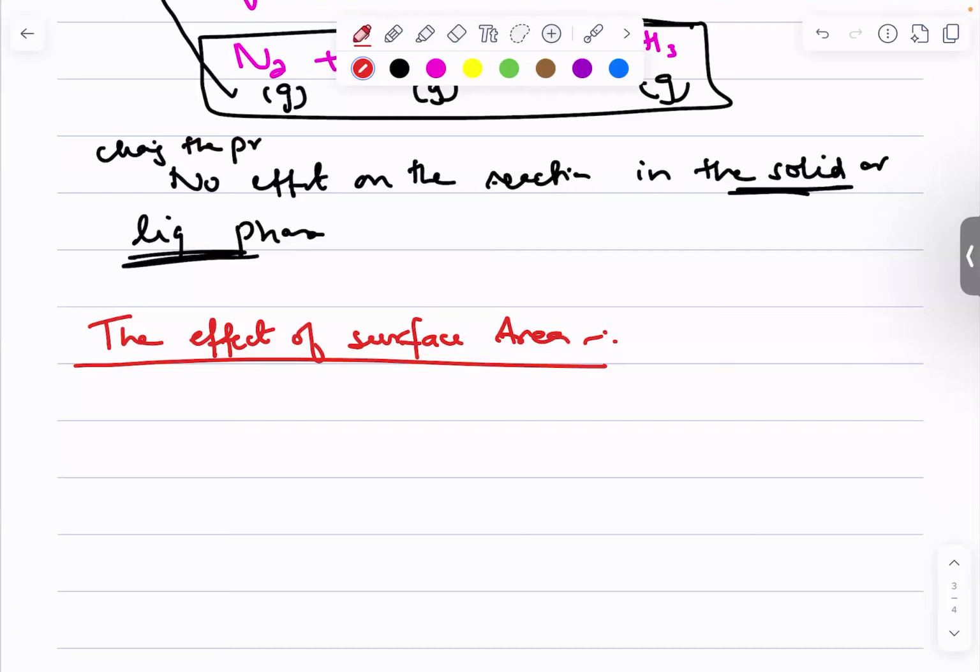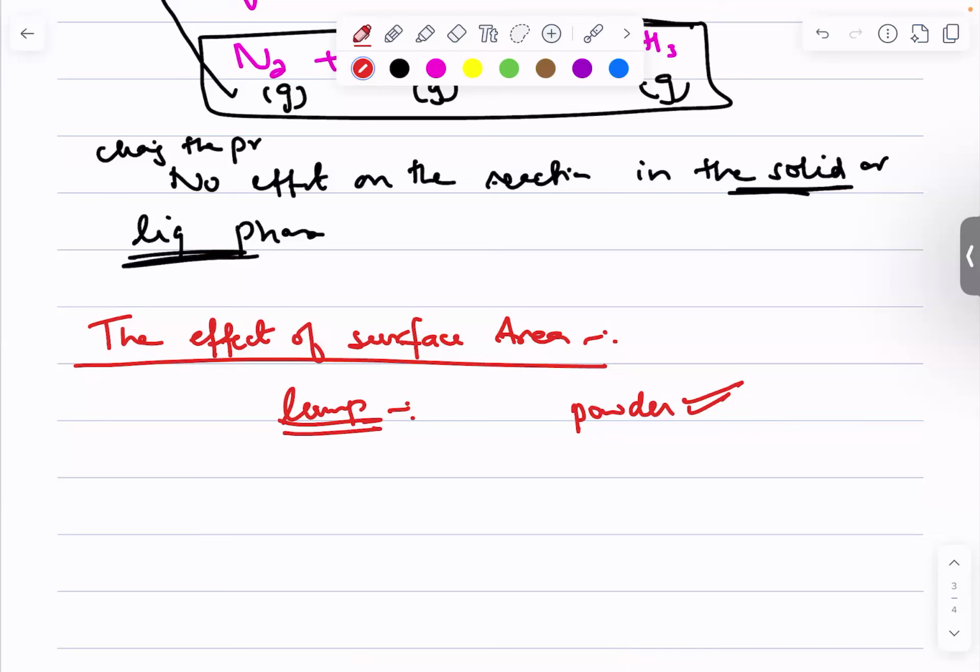Yes or no? Yes. So what does it mean? It means that if you take something in the form of a lump, it will take some time to react. But if you take the same thing in powdered form, it will react quickly.